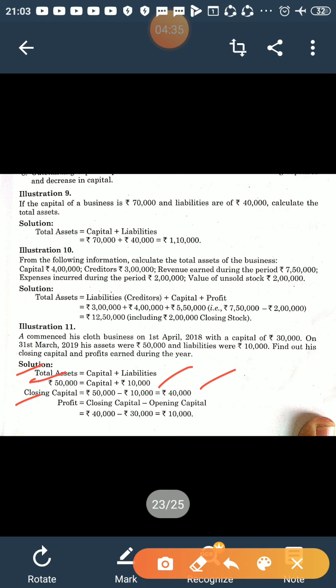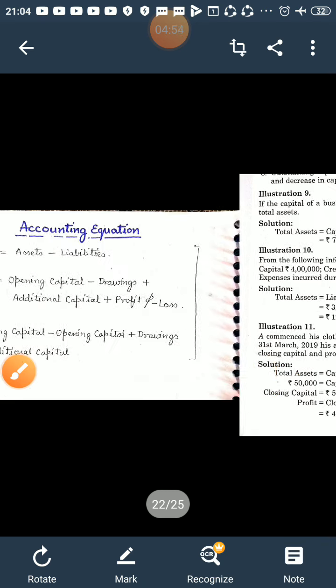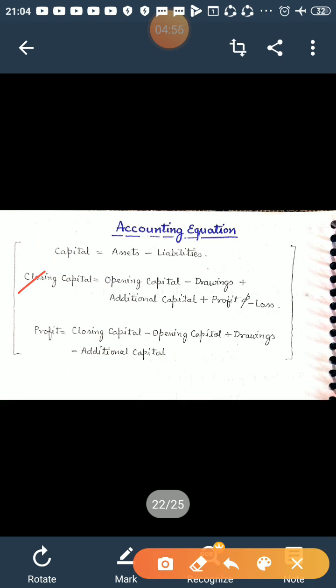Now profit. For profit, it is closing capital minus opening capital. No drawings are given, no additional capital is given. So we will use that formula: profit equals closing capital minus opening capital plus drawings minus additional capital.